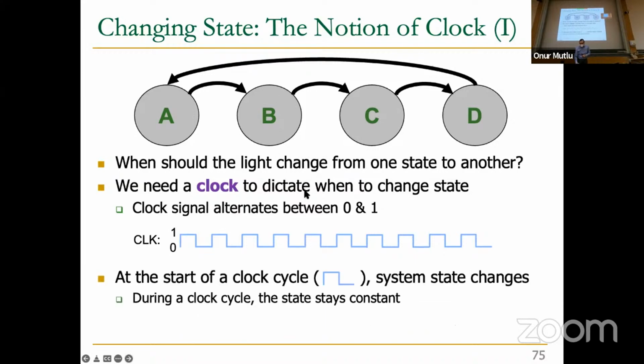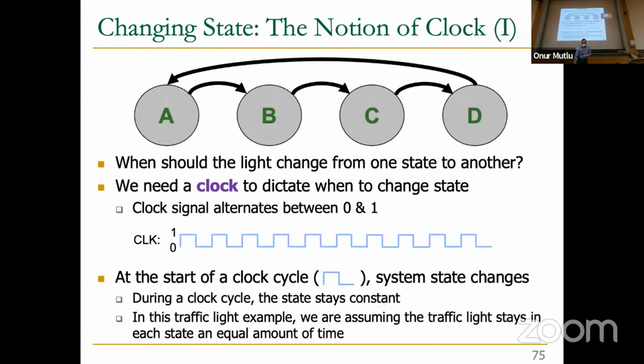So let's take a look at this a bit more. At the start of the clock cycle, when the clock goes from 0 to 1, system state changes. During the clock cycle, the state stays constant. And we will see how important this is later on. In this particular case, this is important because you don't want to change the state in the middle of state A. It's green, and you don't want to go to red, for example. In real systems, that's the same thing.